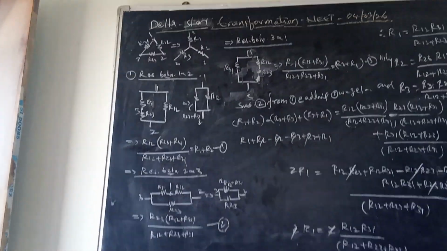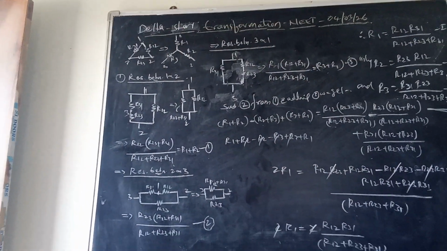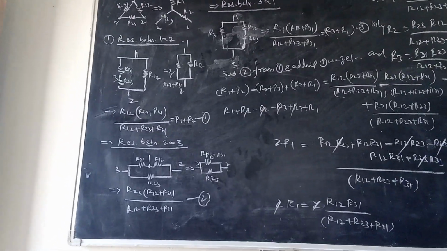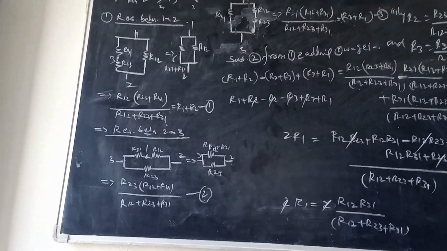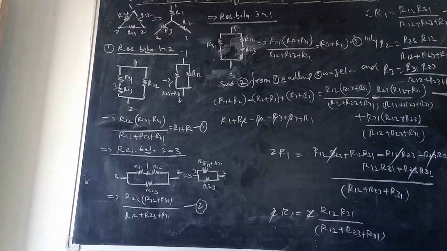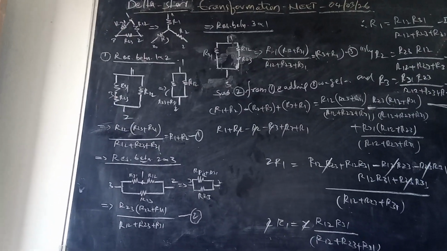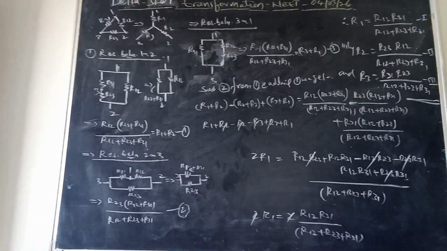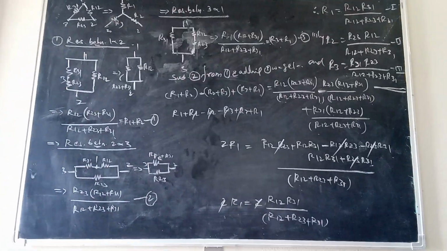So here the conclusion: subtracting equation 2 from 1 and adding the third, we get the required equation. R1 plus R2 minus (R2 plus R3) plus (R3 plus R1): these star equations are added and subtracted.